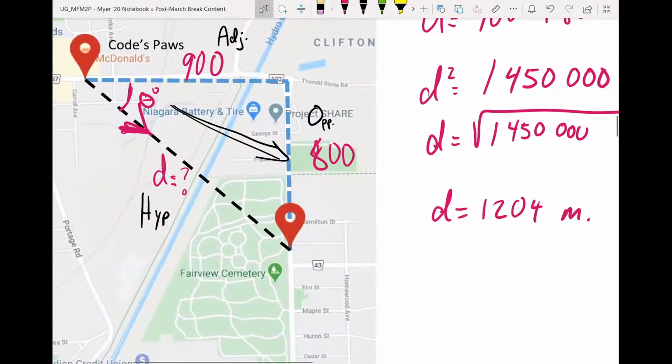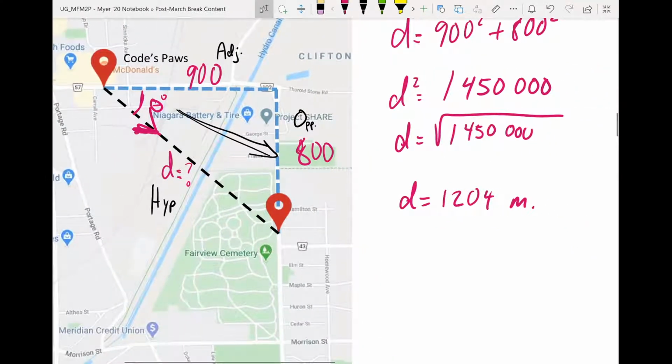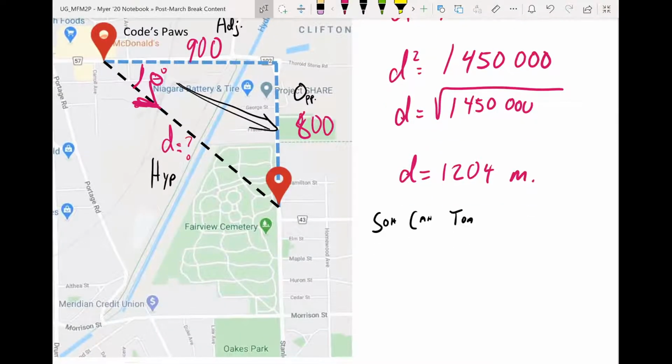It doesn't really matter which side you want to use because we know all three sides, but we are going to use SOHCAHTOA. Let's use the 800 and 900, so we're going to use opposite and adjacent. That means we're going to be using tangent. So tan of theta is equal to O over A, and we have opposite is 800, adjacent is 900.